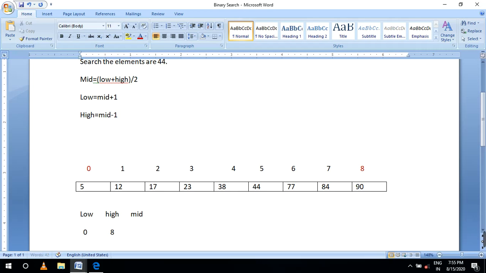Now the mid value formula: mid equals low value 0 plus high value 8 divided by 2, equals 4. Now the mid value is 4. I'm using a color and bold also.